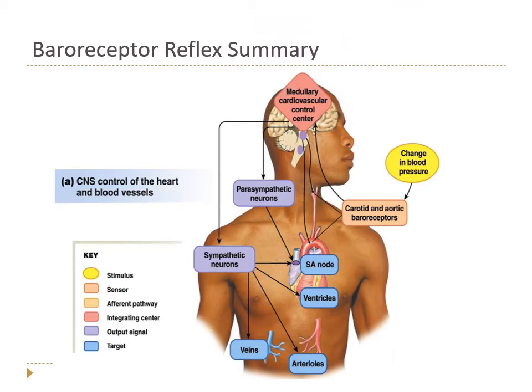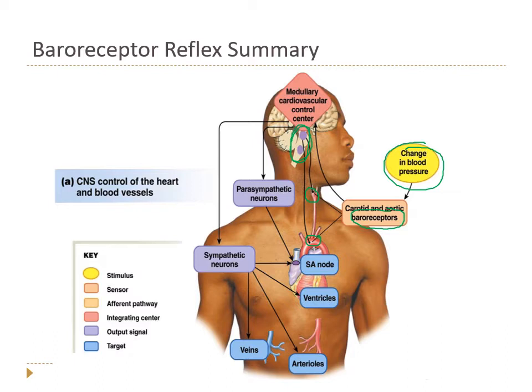So in summary, there's going to be some sort of change in blood pressure where we're like, oh, it's not what it needs to be. So our baroreceptors in our aorta and in our carotid arteries are going to send signals up to the medulla oblongata, which then is going to activate one or the other branch of our autonomic nervous system.